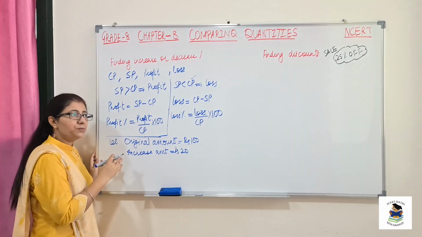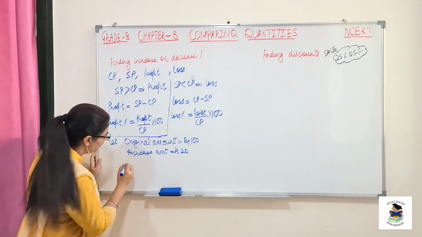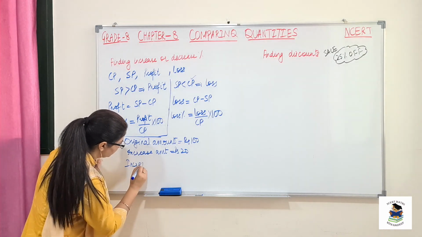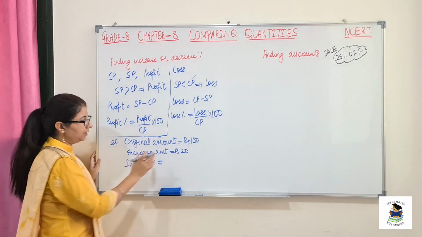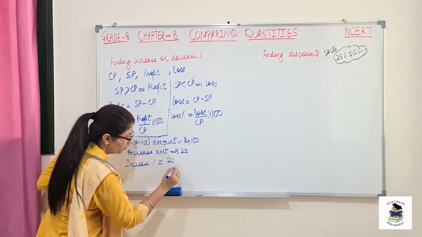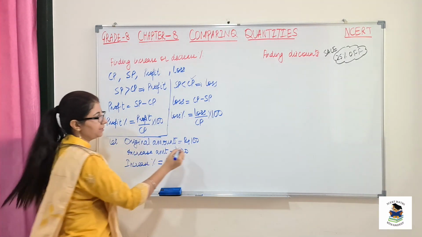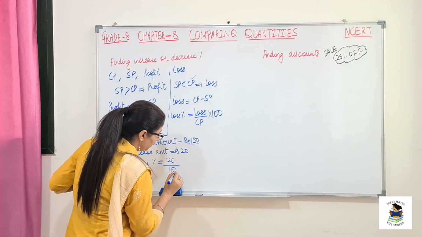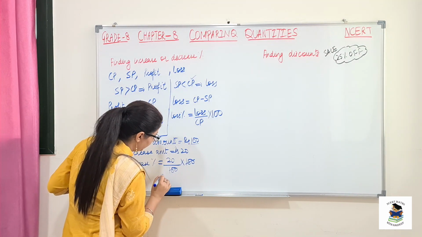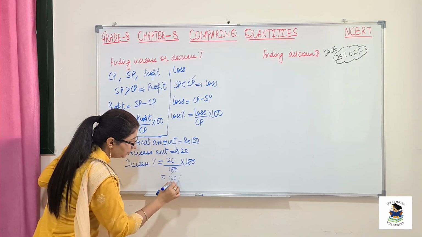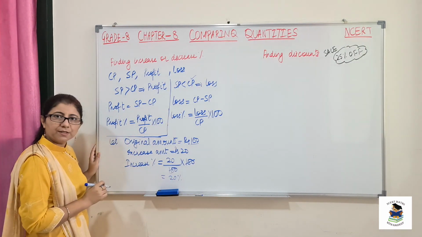Now what is my increase percentage? Increase percentage will be the increased amount 20 over the original price, which is 100, multiplied by 100. So this will be cancelled. So percentage increase is 20%, right?